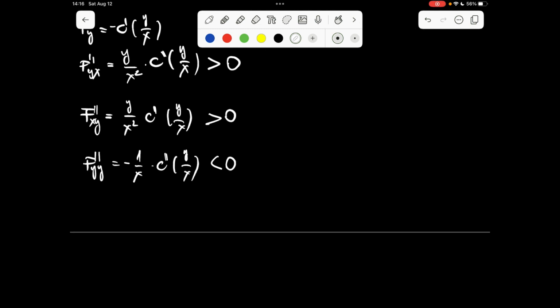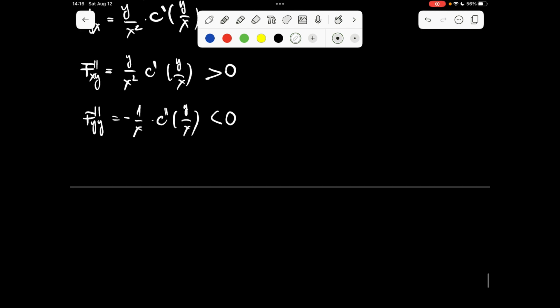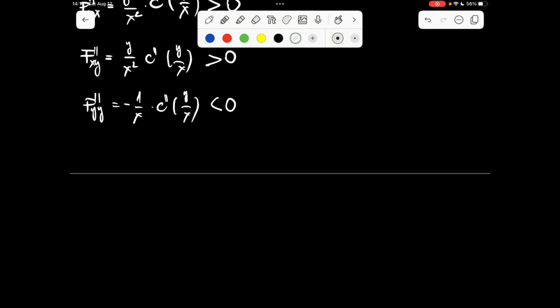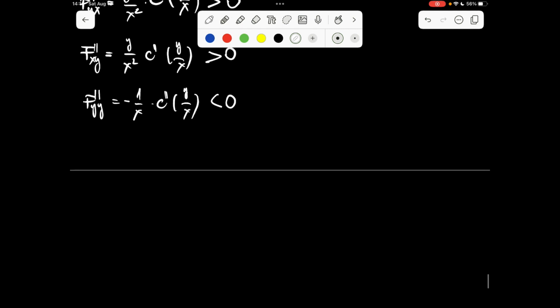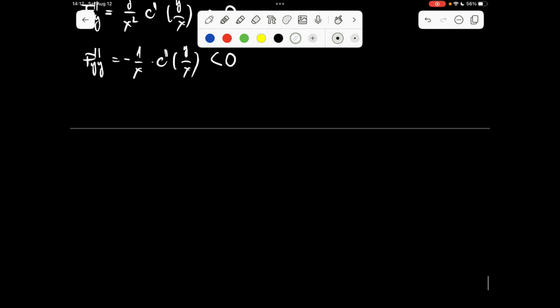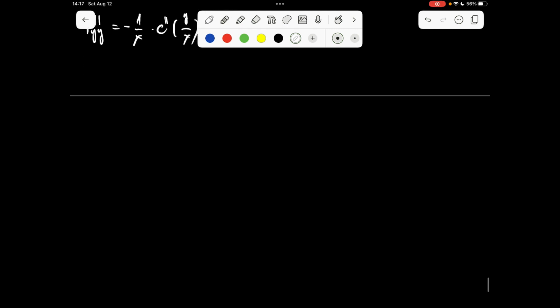So on the basis of the signs only, we cannot say anything intelligent about the concavity of the one period return function. So let's put these results into the Hessian.